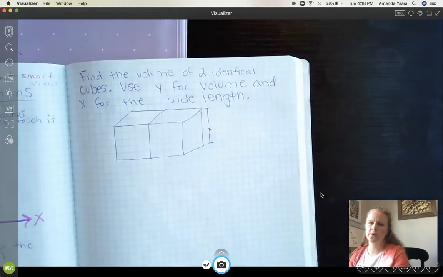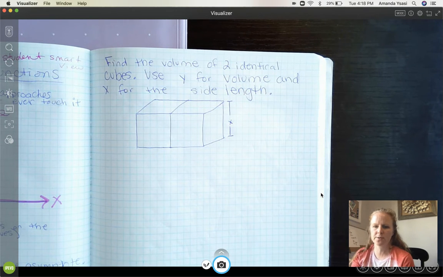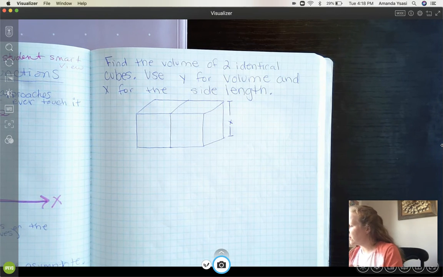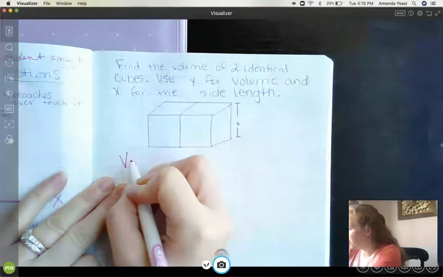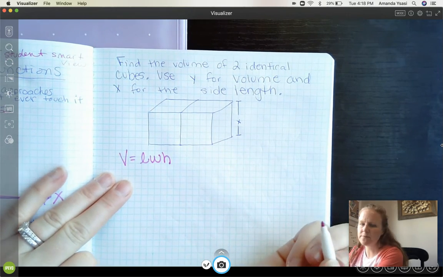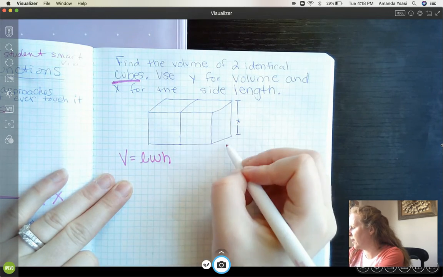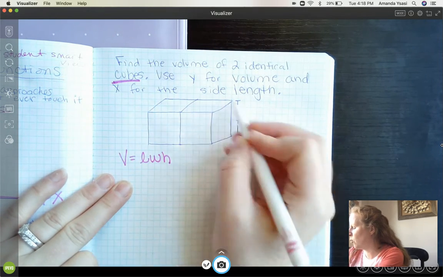All right, so let's look at this question right here. Find the volume of 2 identical cubes. Use y for the volume and x for the side length. All right, so we want to find volume. So remember, volume is length times width times height. So if it's a cube, what do we know about the length, width, and height of one cube?